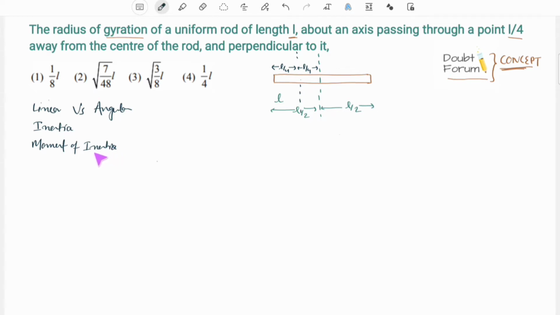There would be an associated concept called radius of gyration. Then we would also learn the parallel axis theorem. Then we would learn a little bit about the derivation of how we can derive the formula for moment of inertia of a cylindrical rod.